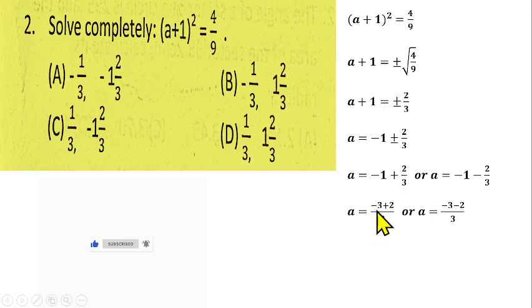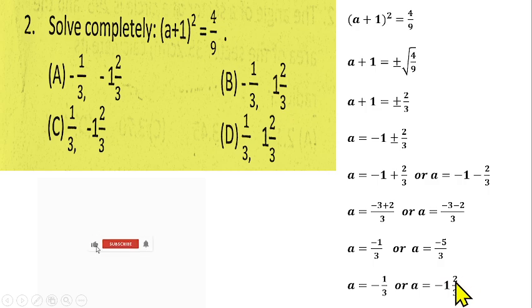You have a equals minus 3 plus 2 over 3, or a equals minus 3 minus 2 over 3. So you have a equals minus 1 over 3, or a equals minus 5 over 3. So these are the values of a. So I think option A is the correct option for question number 2.